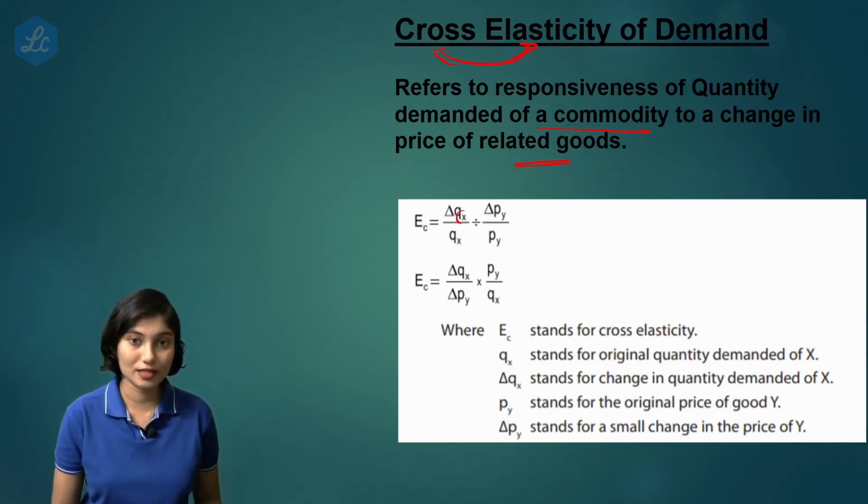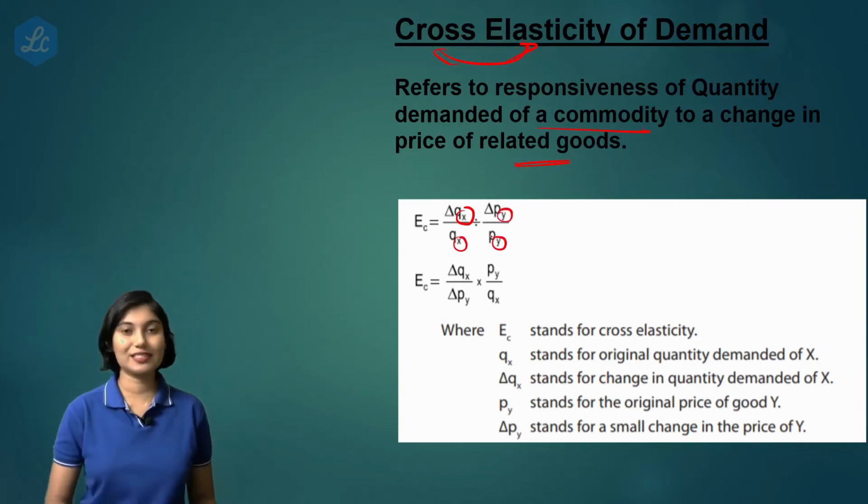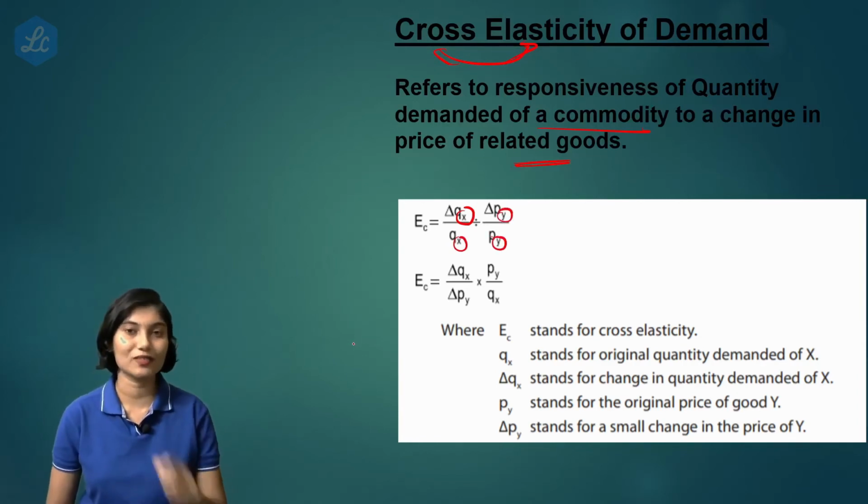That is why we have certain different symbols. We have to specify X and Y. Why? Because X stands for one good, Y stands for another good.